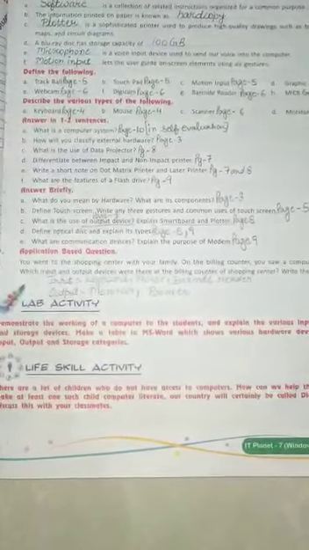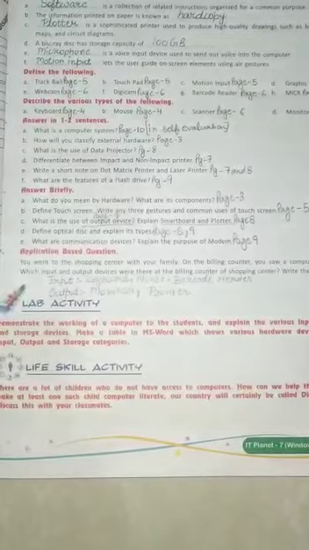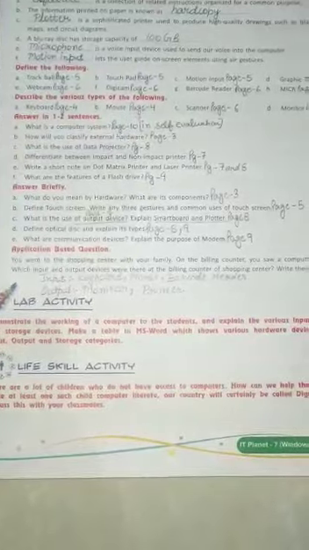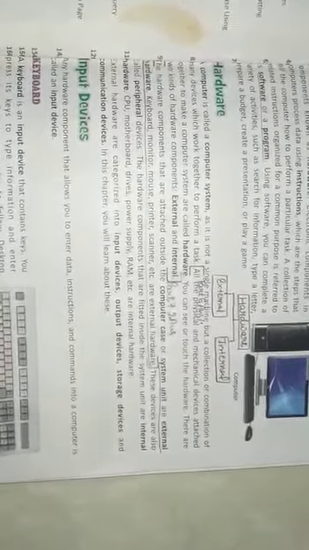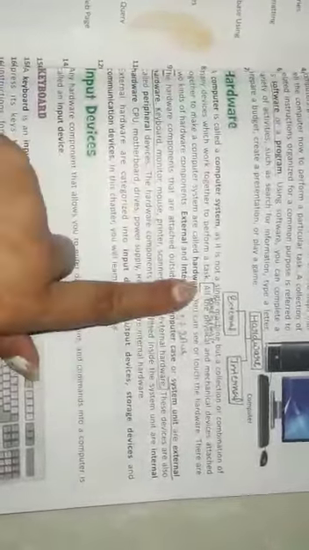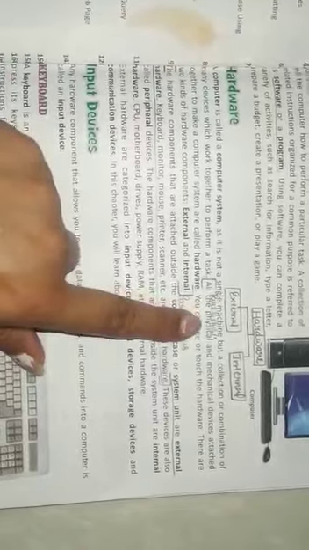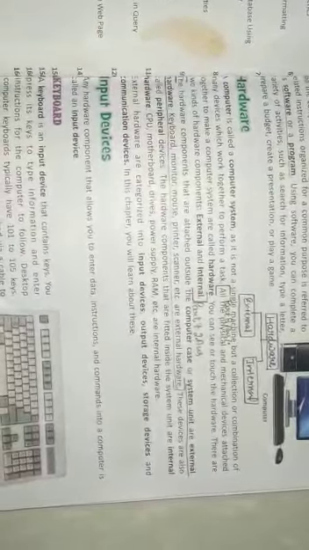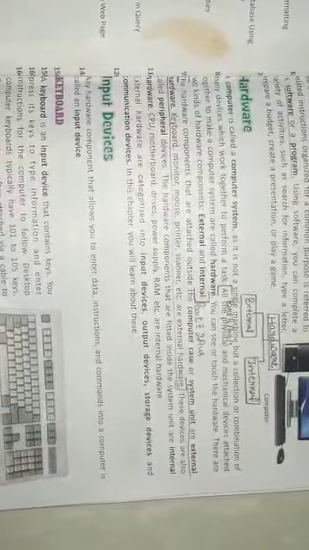Now move to the first long question. What do you mean by hardware? What are its components? The answer is given on page number 3. Yes, here is the answer on page number 3. All the physical and mechanical devices attached together to make a computer system are called hardware. You can see or touch the hardware.